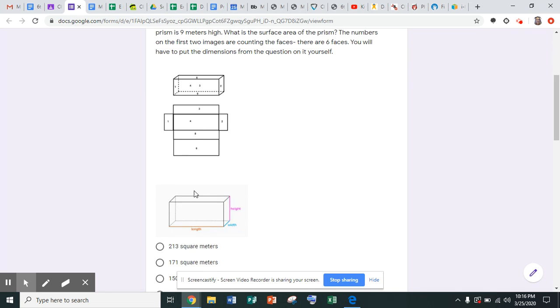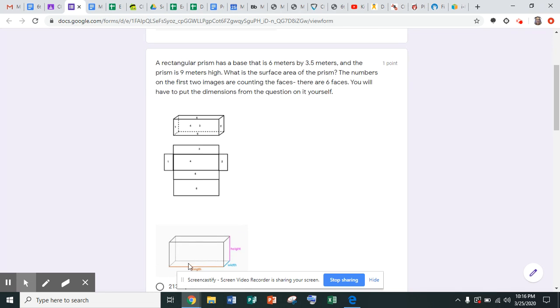Now looking here, it tells us that the rectangular prism is 6 meters here, 3.5 here, and a height of 9. So again, you're going to take this rectangle right here. The front of the rectangle has a length of 6 and a height of 9. So the front and the back will be the same.